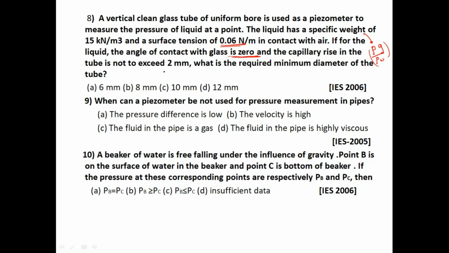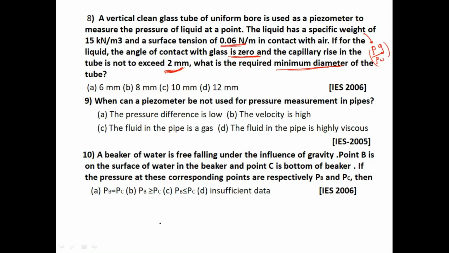Capillary rise should not exceed 2 mm; this 2 mm error we can withstand. So what is the minimum diameter required? They merged a surface tension problem into what looks like a piezometric problem. Every data is given.